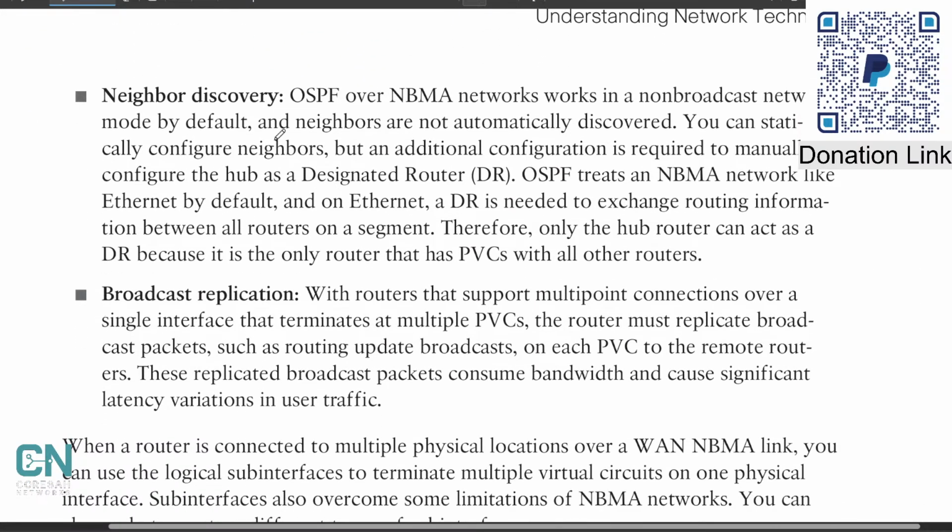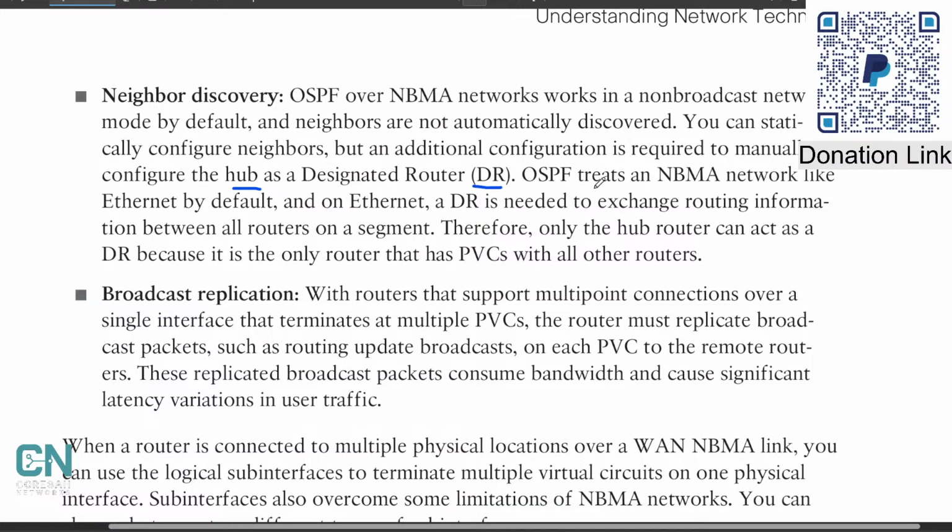Neighbor discovery. OSPF over NBMA network works in a non-broadcast network mode by default, and neighbors are not automatically discovered. You can statically configure neighbors, but an additional configuration is required to manually configure the hub as designated router (DR).